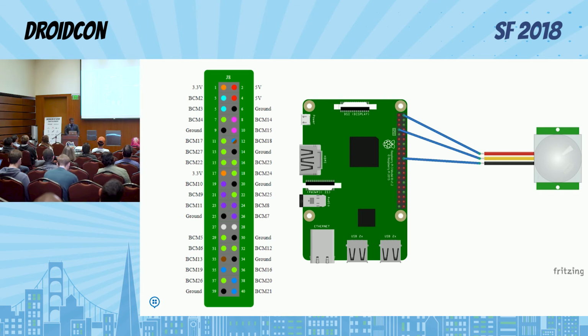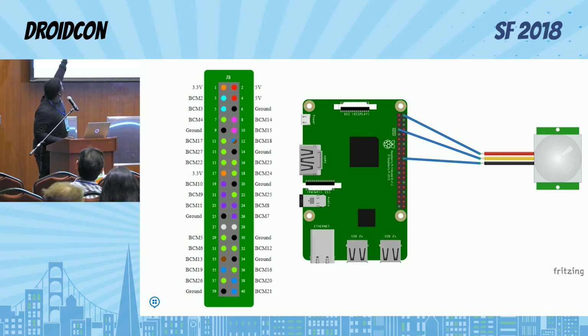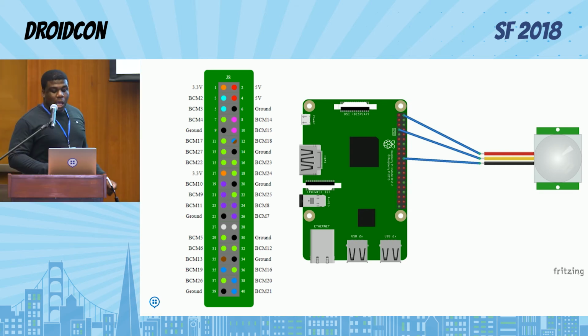As you can see, the red wire is connected to the 5-volt pin because the motion sensor itself obviously needs power. The yellow one is connected to the BCM4 GPIO pin, and that's what you should be listening to, to know whether the motion sensor is detecting something or not. And of course, the black wire goes straight to ground.